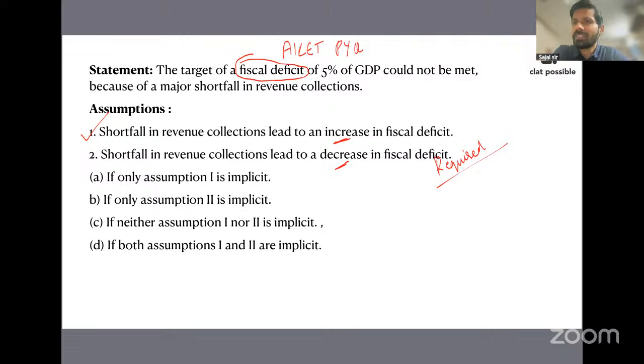We are just given that target of 5% of GDP could not be met. But yes, when they gave out this question, people got confused. Increase hoga ki decrease hoga. So having some sense of fiscal deficit, which is not really very technical, right, would have helped. So option A is correct here.